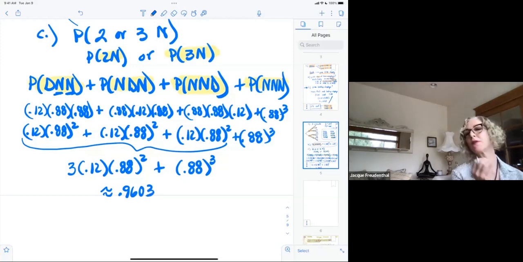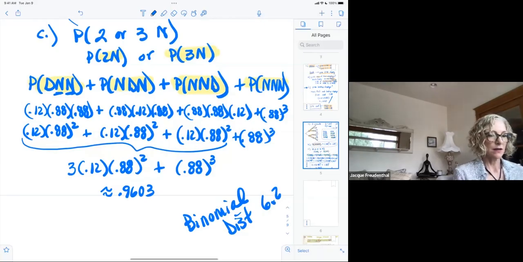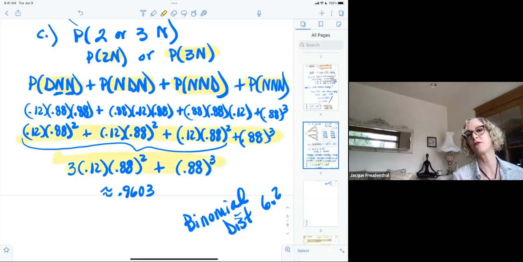Okay, so the way I wrote that out really is leading you into the binomial distribution in 6.2. I'll just write that down so you have a reference. You don't have to write it like I did here, but I am just helping you as you move forward into the next chapter.